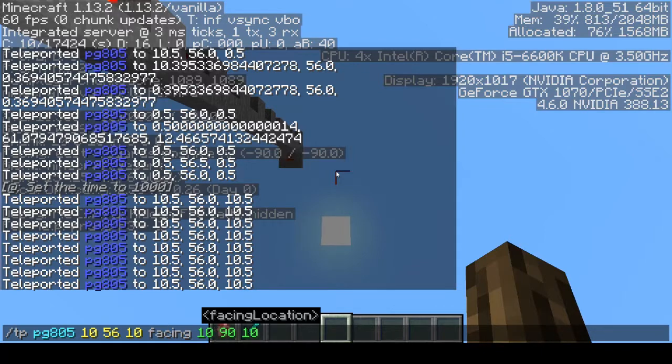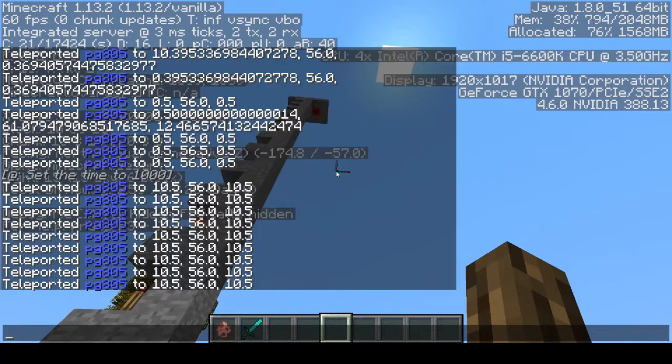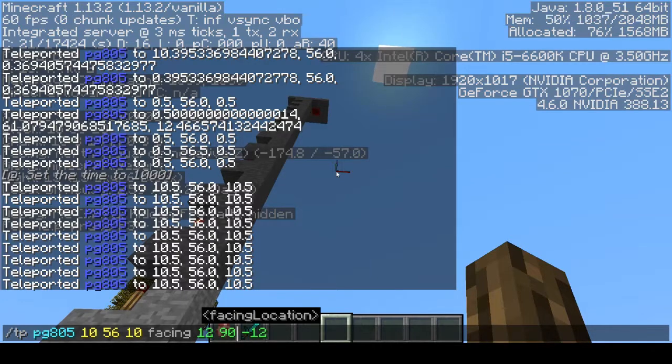So if I teleport myself facing, let's do 12, oops, it's 112, and we'll do negative 12. I'm going to be looking at, it's 90, so it is going to be higher, and it's at negative 12, 12. Then let's say 56 ought to be on level with me.